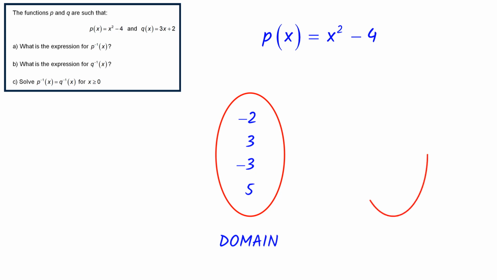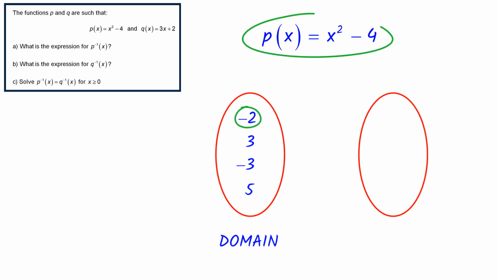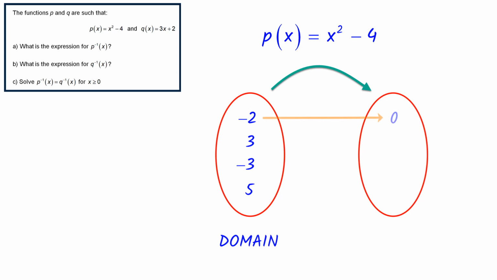Next, draw another set which will contain the output values for each input value of x. So if you put minus 2 into the function p(x) is equal to x squared minus 4, you get minus 2 squared minus 4, which is equal to 0. Similarly, for the other values of x, you get 5, 21, and 5 respectively. This set of values is called the range.